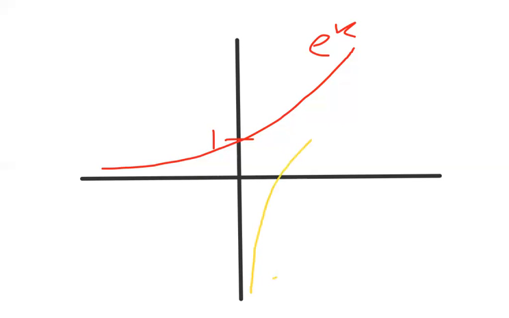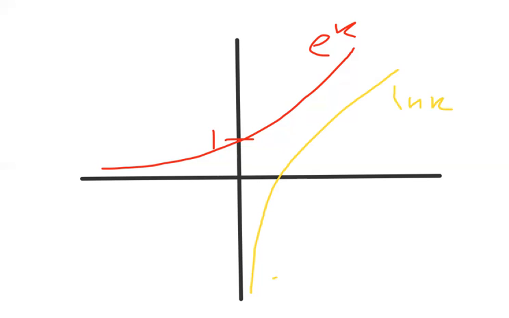So for example, this is the general graph of e to the power x, and this is the general graph of ln x.